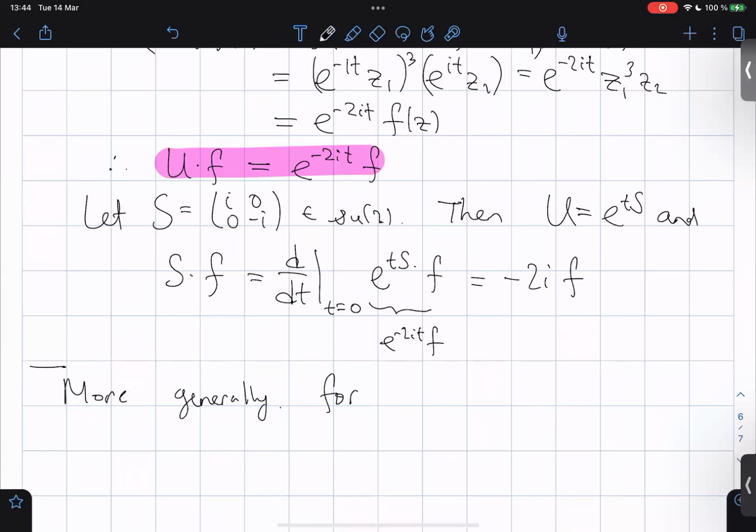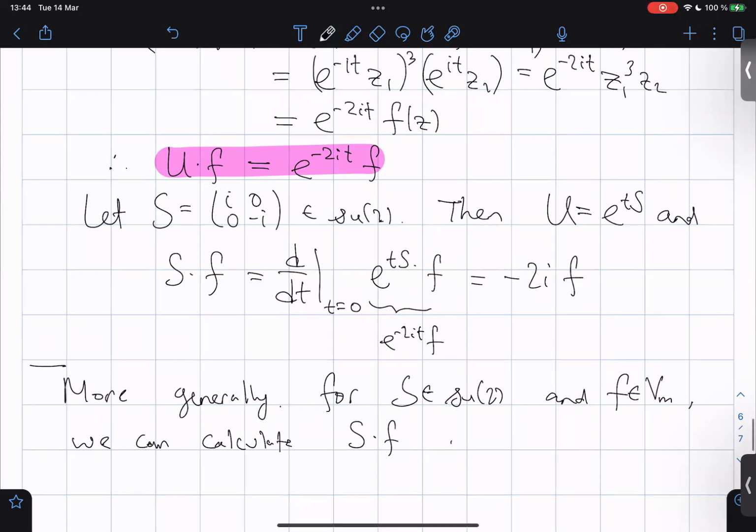If I have this Lie algebra element and this polynomial, we can calculate S on F efficiently by the following form.